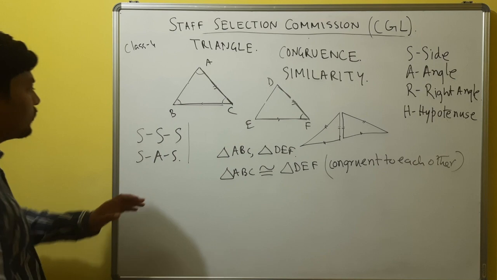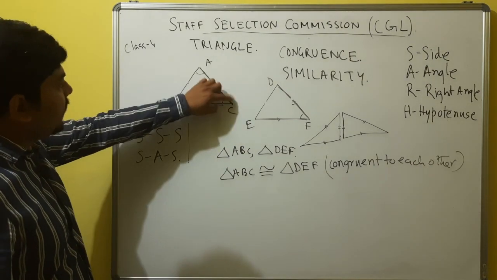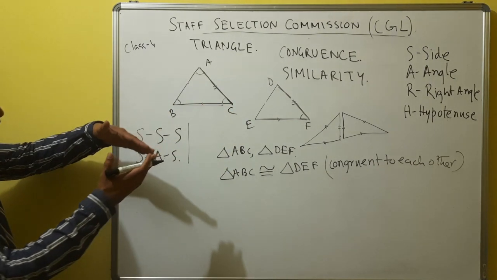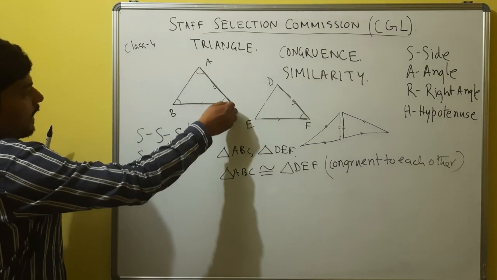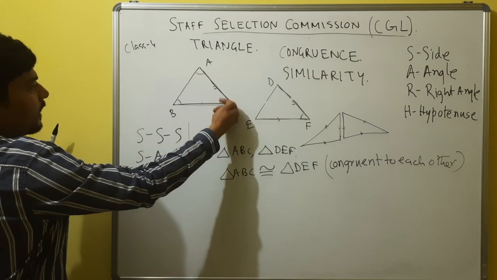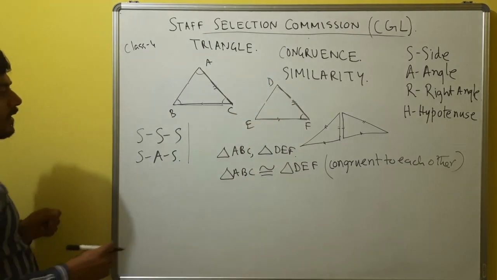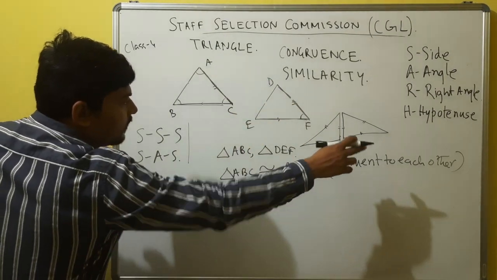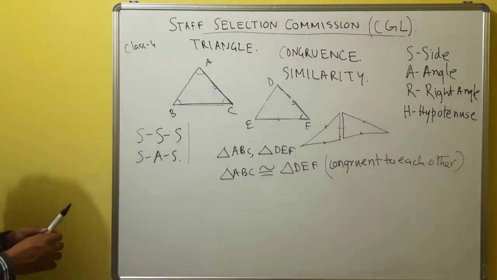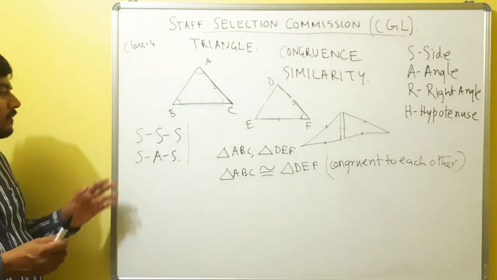Then also side angle side. The angle has to be in between them. Side, then angle, and then side. If these two things are matching, then they are forming congruent triangles. That property. Okay.